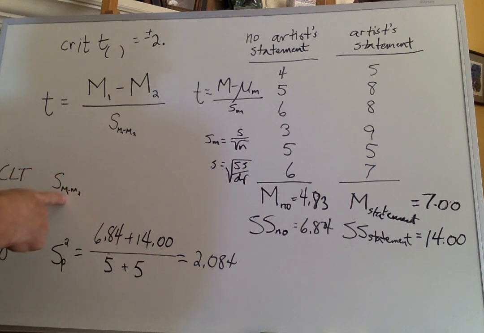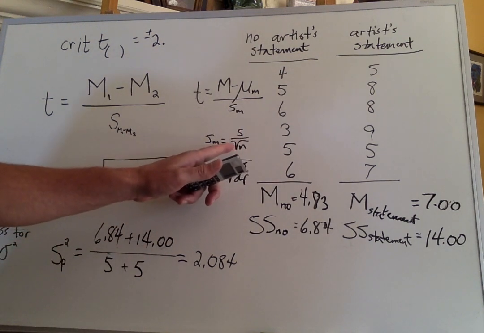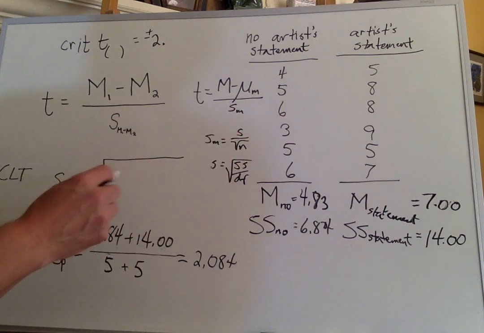That's just a subscript. That's not telling us to do anything, okay? It's just that we're comparing 2 groups instead of just 1. And that's going to be equal to, now we're going to square root everything. See, it's a little bit different form here, but that's because this is squared, so we put that in squared, and then we can square everything.